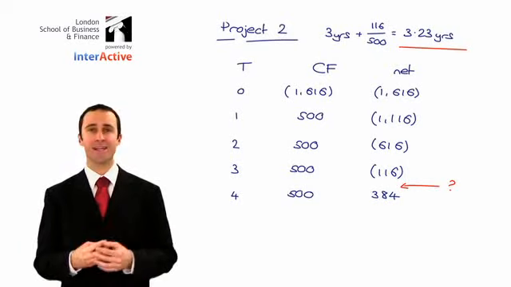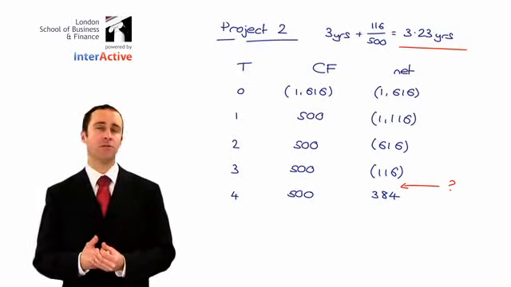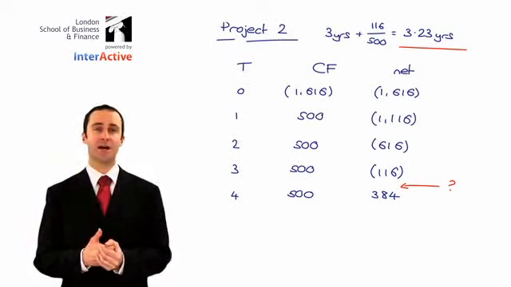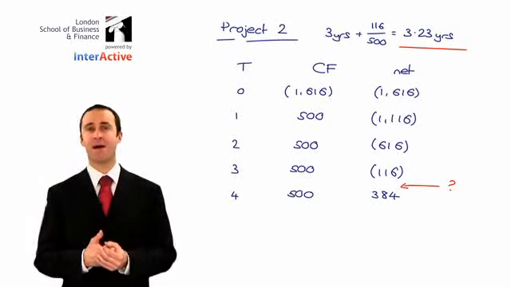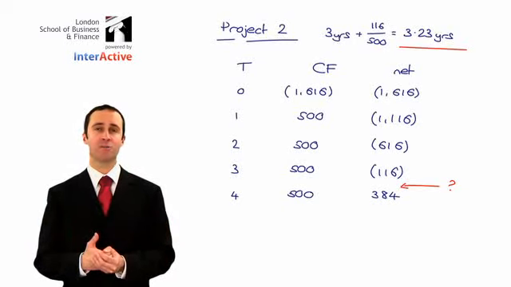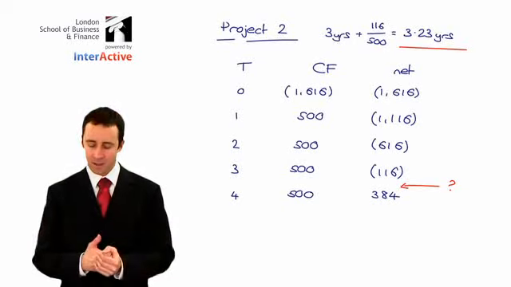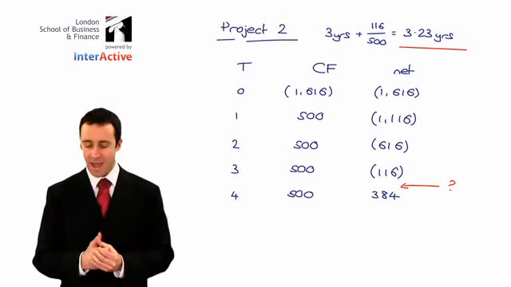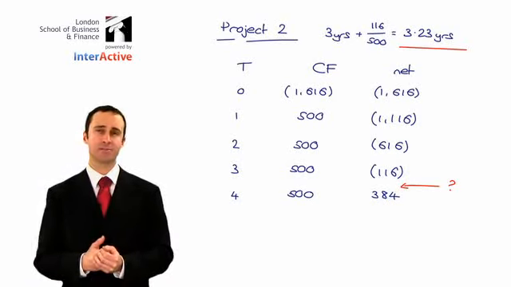So it's 3 years and a little bit more. We need to get £116,000 back in that final year. We generate £500,000 worth of cash in the entire year. So 116 divided by 500 gives us that extra 0.23 years.